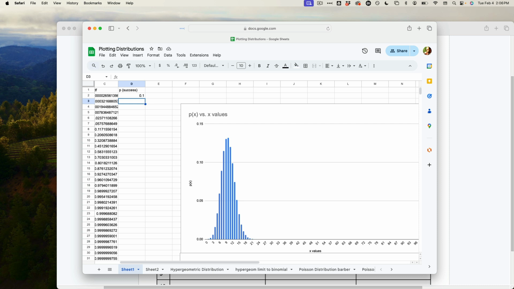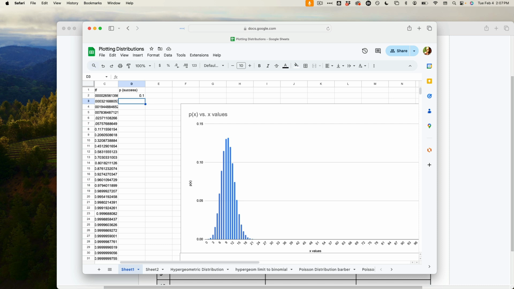So with a 10% chance of success, with 100 tries, you're not going to get a lot of successes. Most of the successes are going to be clustered up to like 18 heads or 18 tails, whichever 0.1 corresponds to. And so you don't have a lot of successes in those 100 trials because the probability of success per trial is very low. And that makes sense.